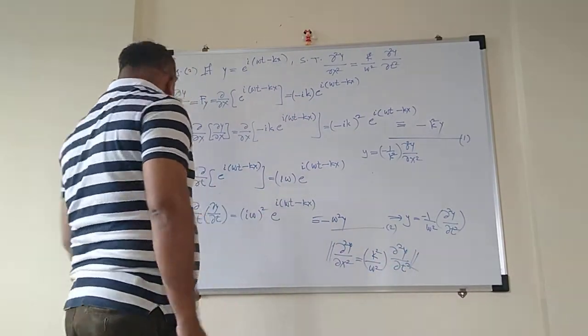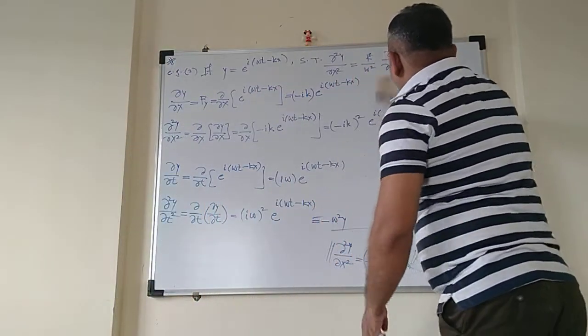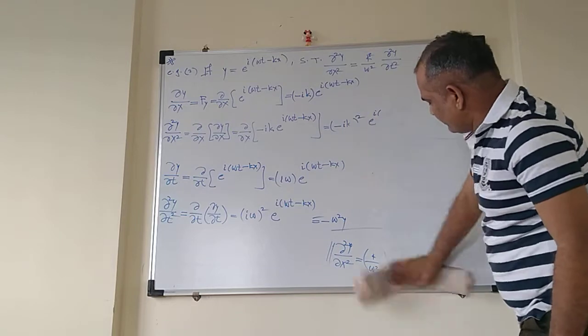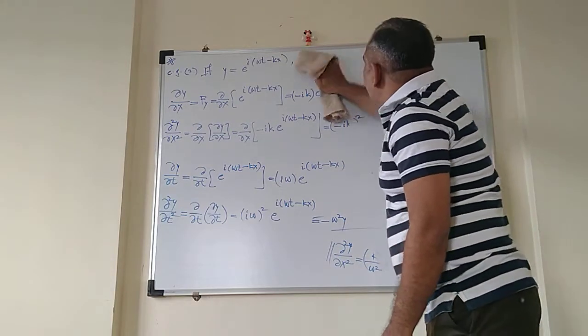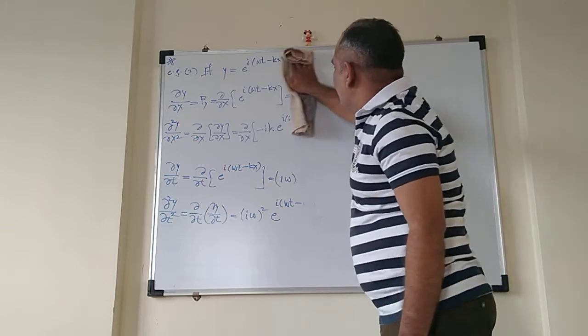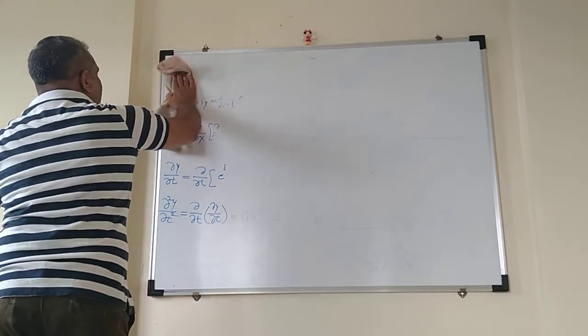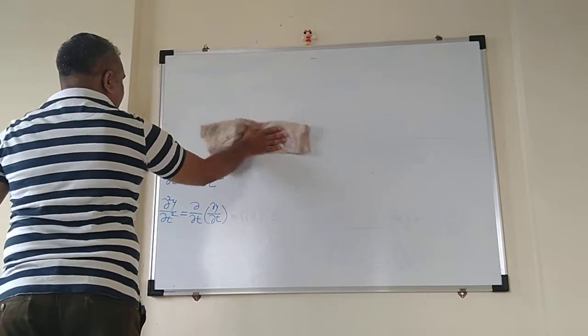So let's go for one more problem. The problem number 2. I think we'll solve the unsolved problems first, and then we'll solve the solved problems also, or you can solve the solved problems at home. So let me go for unsolved problems first.